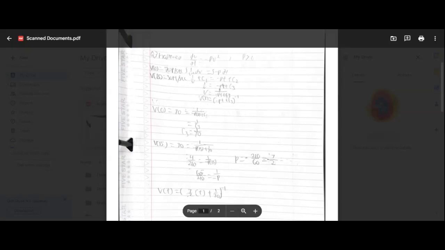I basically solved dv over dt equals negative p v squared. I did that normally. How would it be done on the unmodified version? So I then solved for dt. Right, you started with the given equation, dv over dt equals negative pv squared, right? So what's your next step?